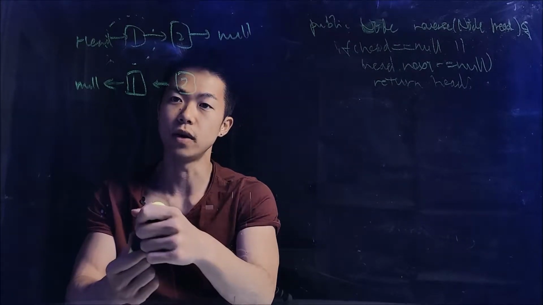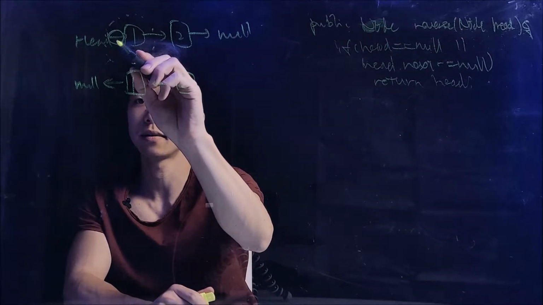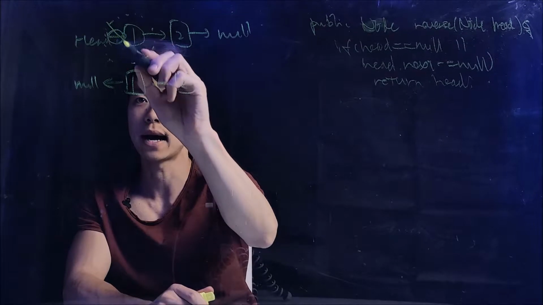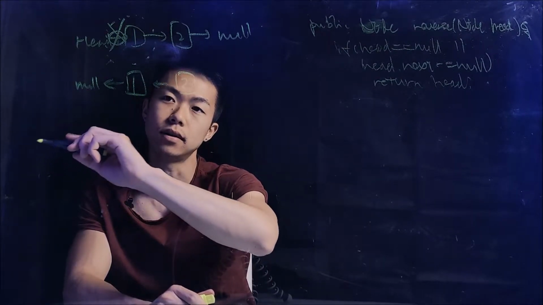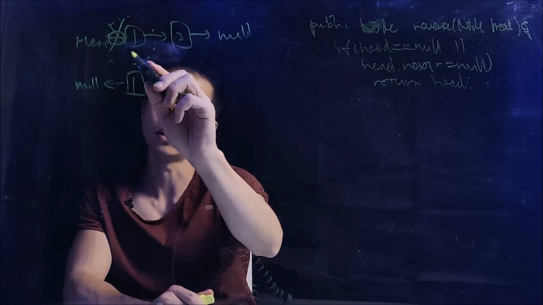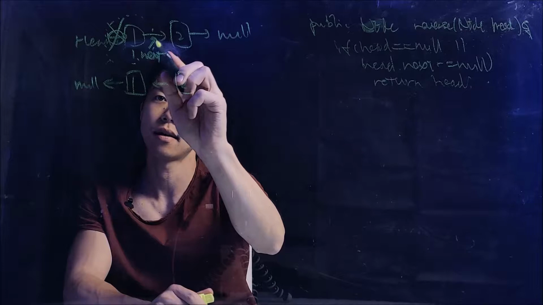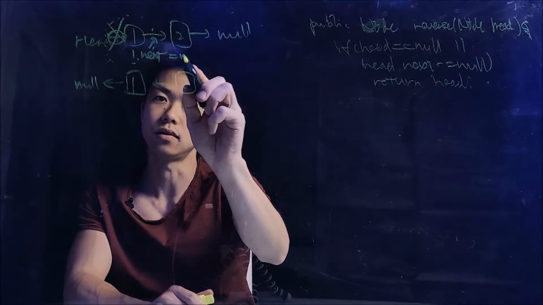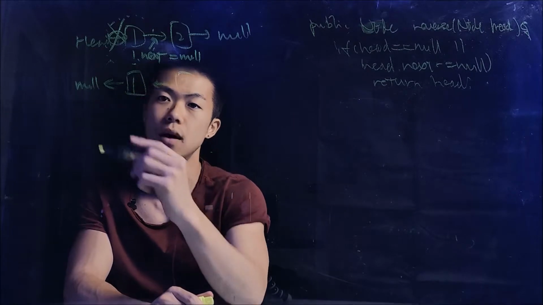But to do that, we first reverse this guy here. We cut this arrow and then point it back. So what we're going to do is manipulate this one.next, which is this guy, to null. So one.next is pointing to null.